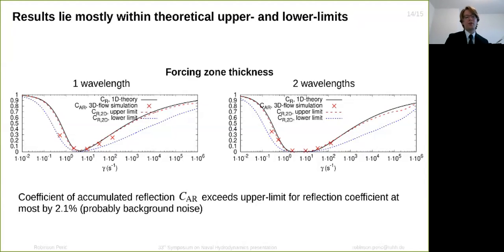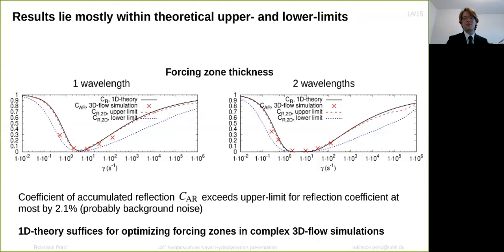And basically we can say that the coefficient of accumulated reflection exceeds the upper limit for reflection coefficient at most by 2.1%. So this is probably background noise because there's some uncertainty in its estimate of the reflection coefficient. But basically these results look very good.